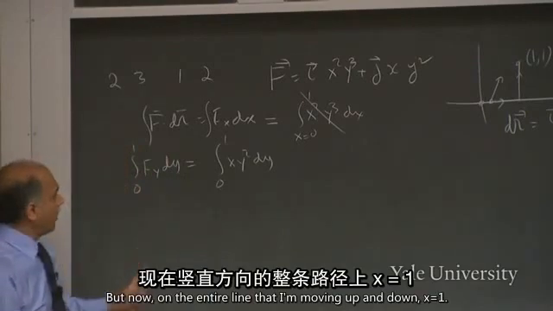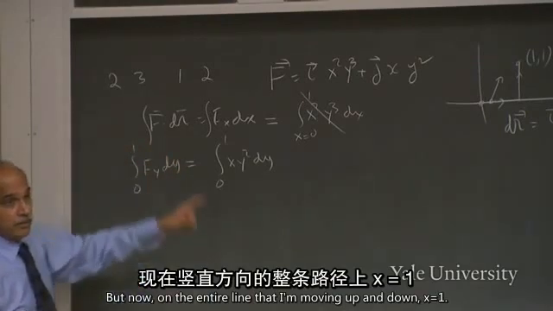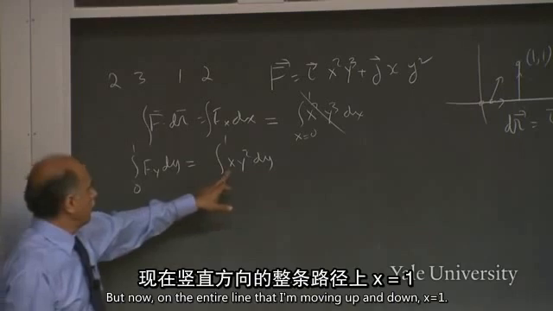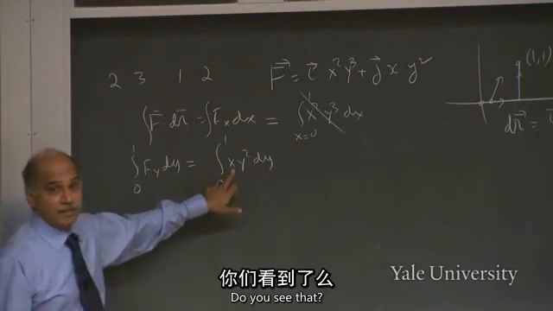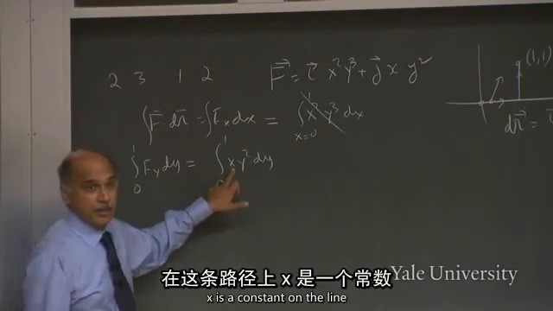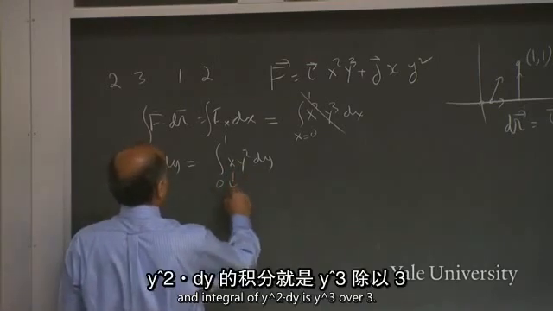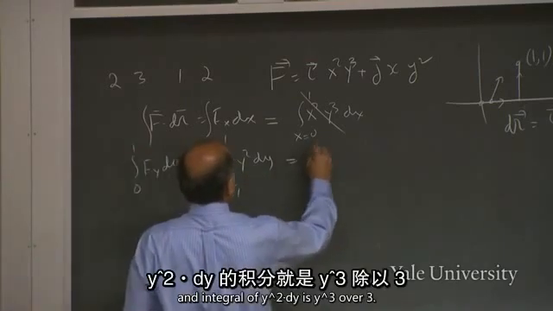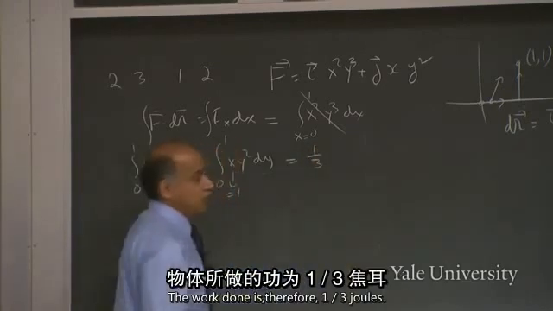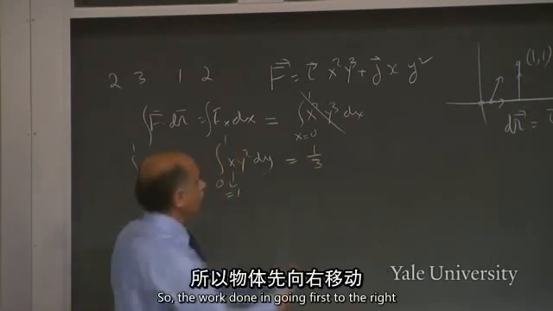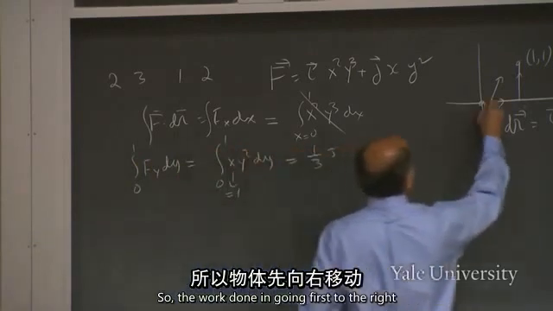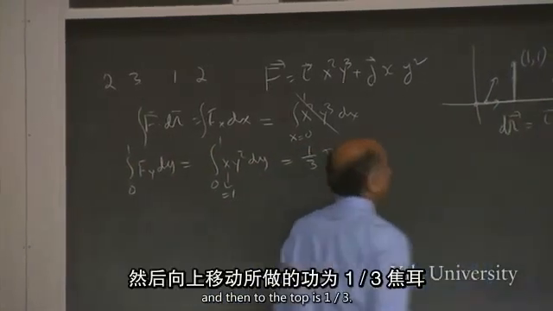But now, on the entire line that I'm moving up and down, x is equal to 1. Do you see that? X is a constant on that line. So you can replace x by 1, and y squared dy is y cubed over 3, and the work done is therefore 1/3 joules. So the work done in going first to the right and then to the top is 1/3.